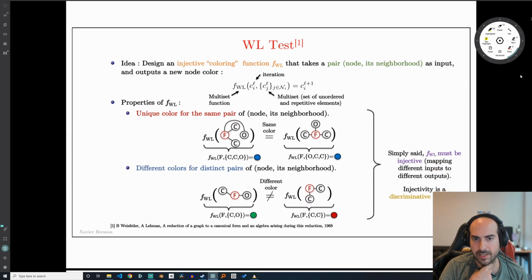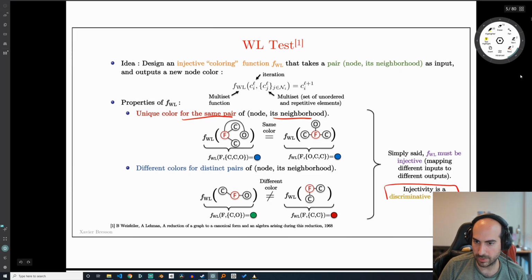So the idea is you design an injective coding function that takes a pair of nodes as input and outputs a new color, and a unique color for the same pair, node and its neighborhood. Different colors for different pairs of nodes. Simply said, it must be an injective mapping.